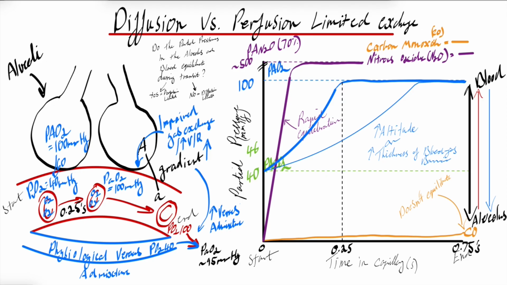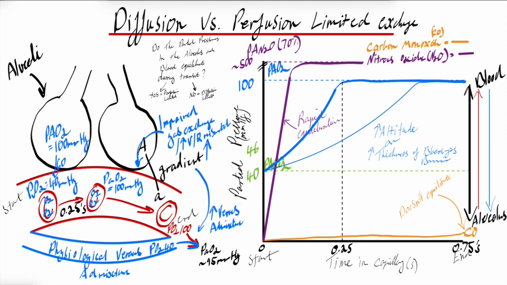Or if there's VQ mismatch, where you have lower ventilated parts of the lungs that will have a lower PaO2, meaning a decreased gradient for oxygen exchange, you have a slowing down of oxygen transfer, which will also increase your A-a gradient. This can also happen again with shunt, where essentially there's no gradient or interaction with the alveoli, so you have an increased amount of shunt going to the left side of the circulation, which will also create a rise in your A-a gradient.